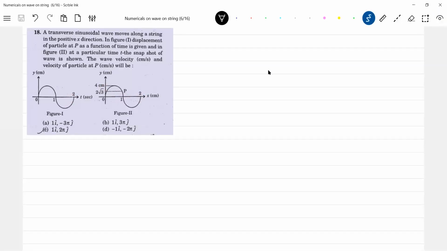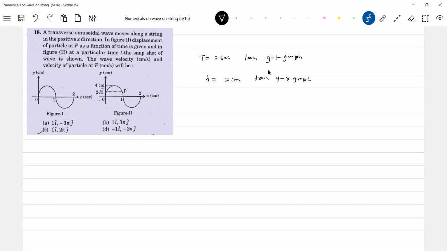So first, let me go for the time period, T equal to 2 seconds. From the yx graph, lambda equal to 2 centimeter. Okay, agree with this.